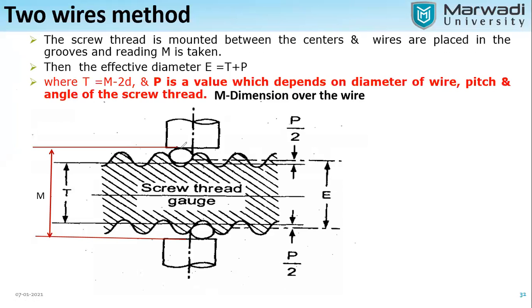As we know the diameter of the wire, we can subtract two times the diameter of the wire to get T. It is a very simple task.